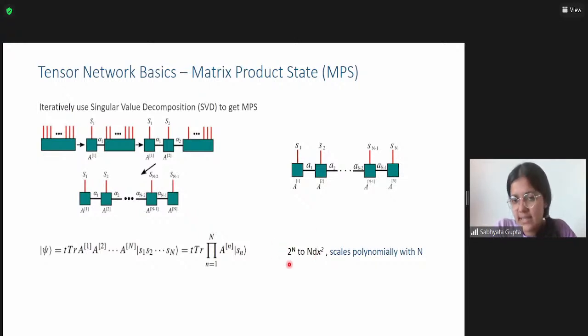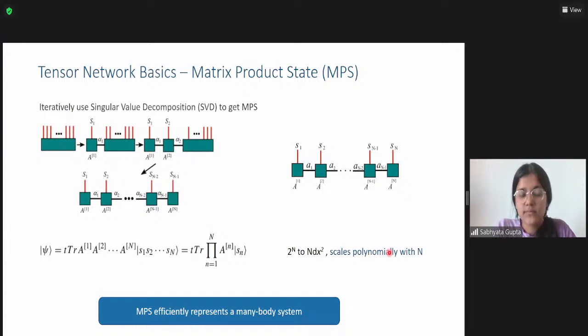But the main idea is that if you increase the number of particles in the matrix product state, it scales polynomially with n, as opposed to the general scaling of a quantum system, which scales exponentially. So the key point is that a matrix product state, or an MPS, efficiently represents a many-body system.